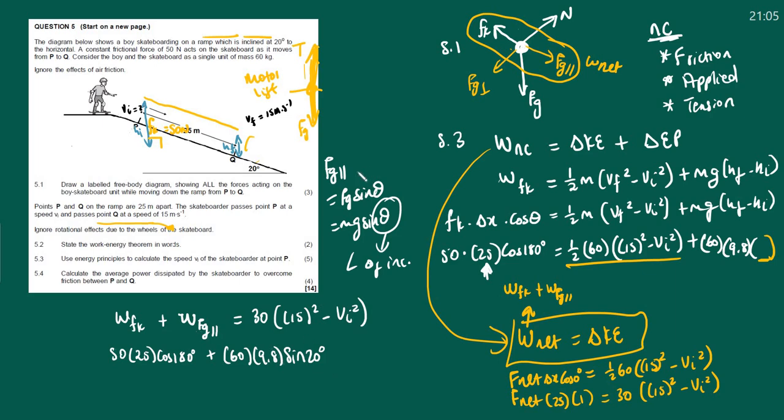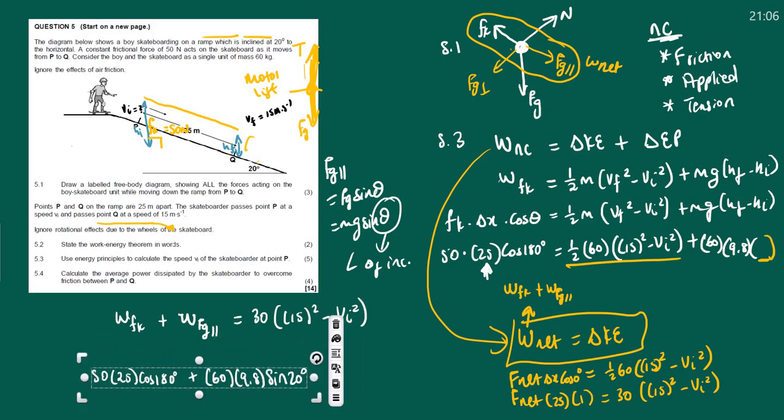And then for the work done by Fg parallel, let me just write it down here so that we remember it, because we can get a bit confused. For this one it's Fk change in x cos theta, whereby theta is the angle between where the object is going and where the force is acting. And then this one is Fg parallel change in x cos theta.